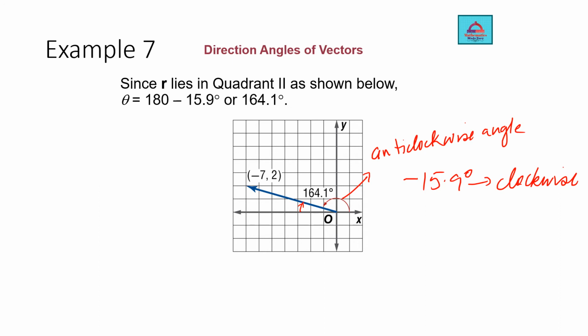So you convert it into a positive angle by subtracting from 180 degrees. The anti-clockwise angle would be 180 minus 15.9. That's your positive angle rounded off to one decimal place. So the final answer, you have to always give as a positive angle in the anti-clockwise direction. So you'll give it as 164.1 degrees.